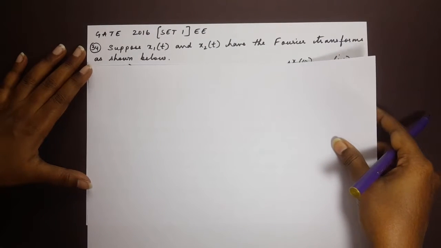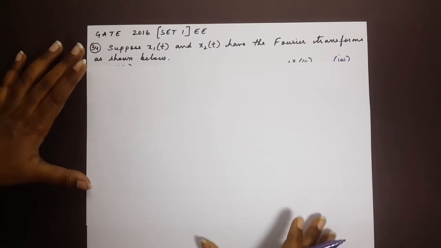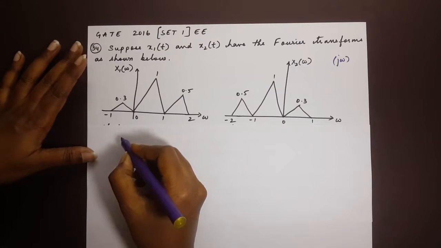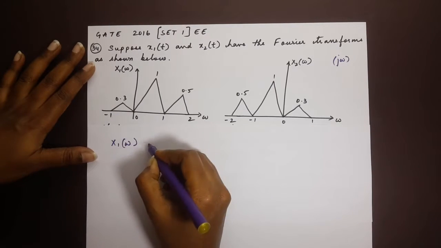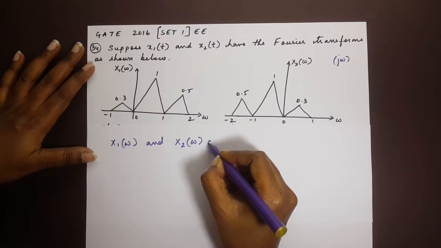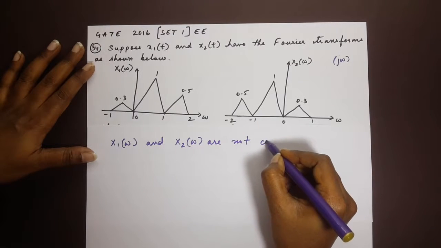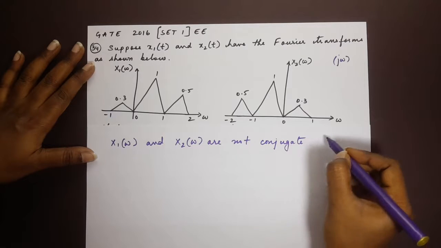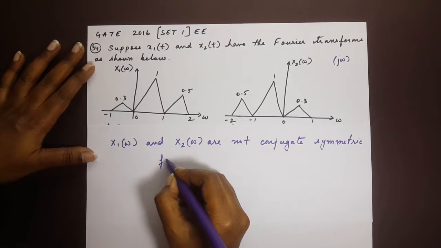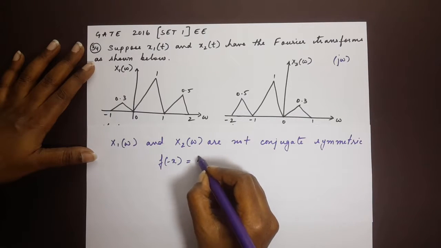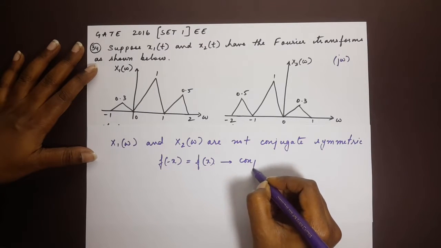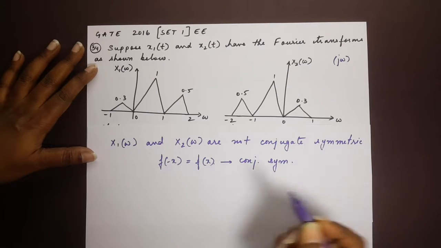Okay, so I'll write it down underneath the waveforms given to us. x1 of omega and x2 of omega are not conjugate symmetric. Again, I repeat that it is symmetric only when f of minus x is equal to f of x. Only then is it conjugate symmetric.